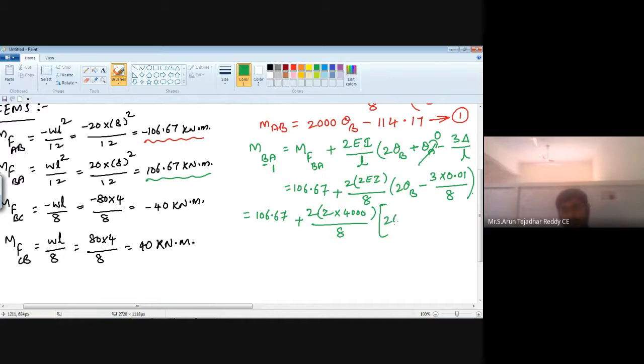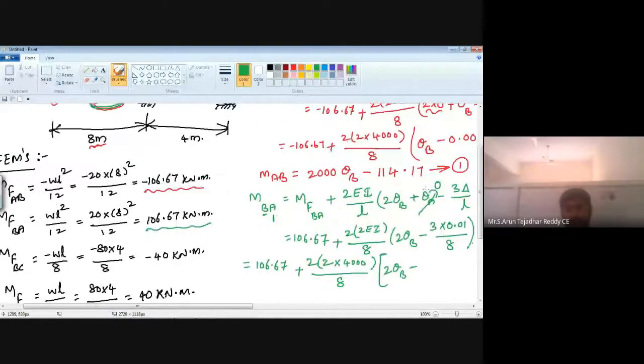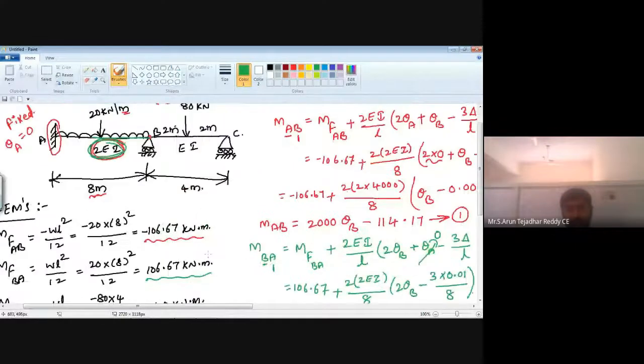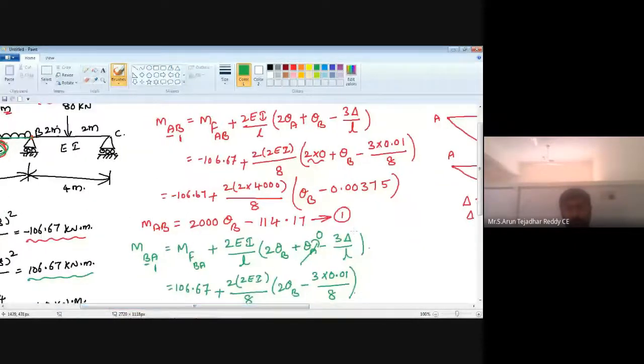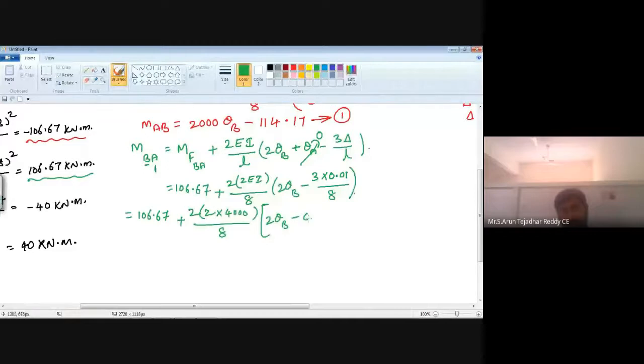Into 2 theta B minus, what is the value here? Same value, I think, 0.00375. So once you calculate this value, 3 into 0.01 by 8 gives 0.00375.